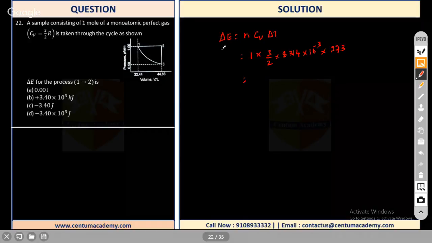Tell me fast, we'll solve one more question. Your answer will be B, but I think it should be 10 to the power minus 3, right?